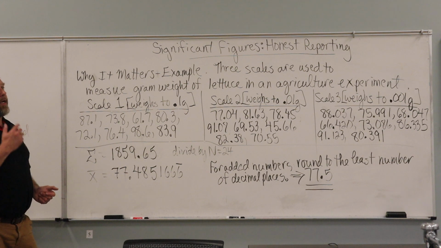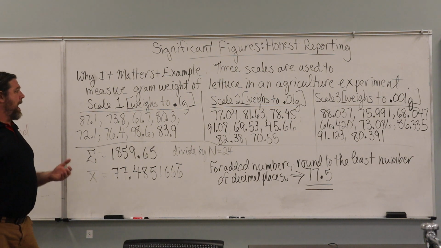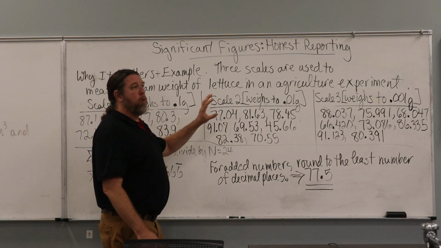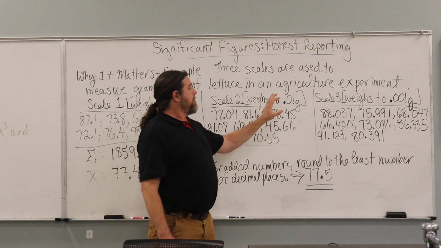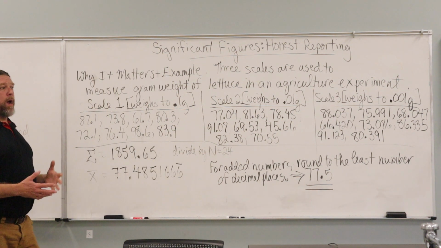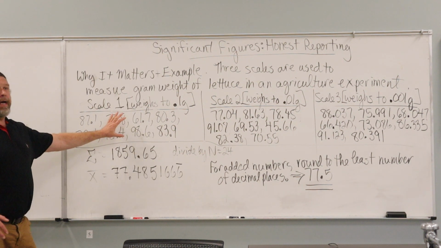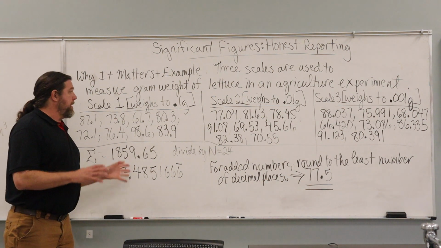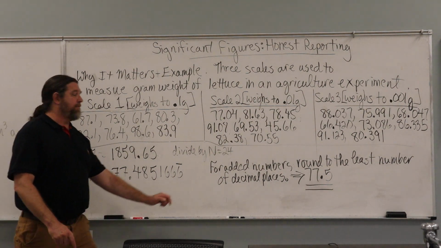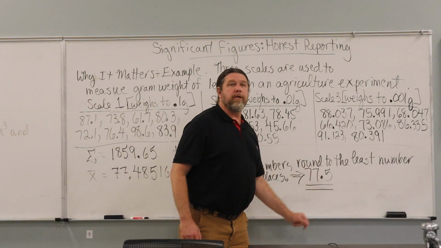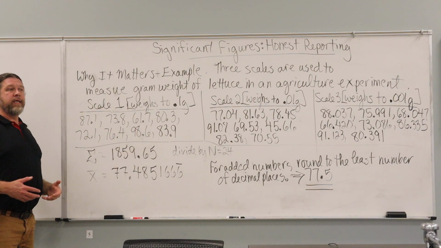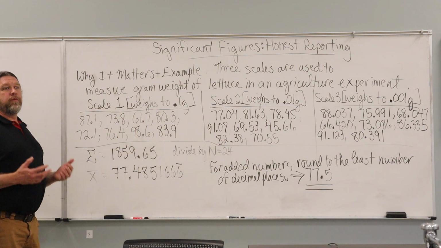And we also have to acknowledge that this data is not as high a quality as this data, and this data is not as high quality as that. So we round down to the lowest quality of data, which is 1/10 of a gram. So we round to 77.5, which is 1/10 of a gram, which reflects that some of our data was only measured to that level of accuracy.